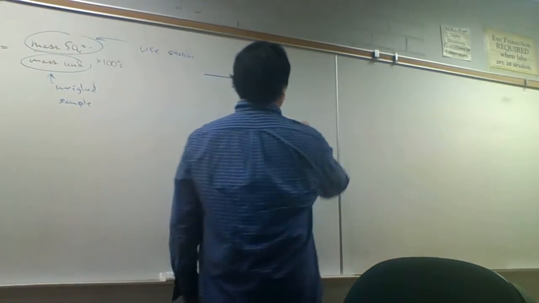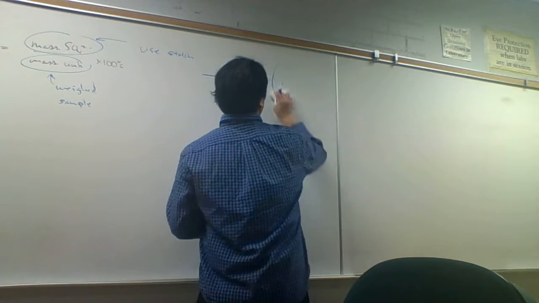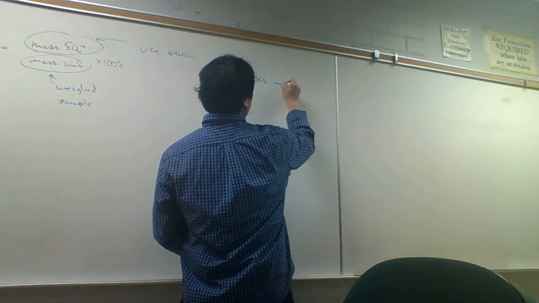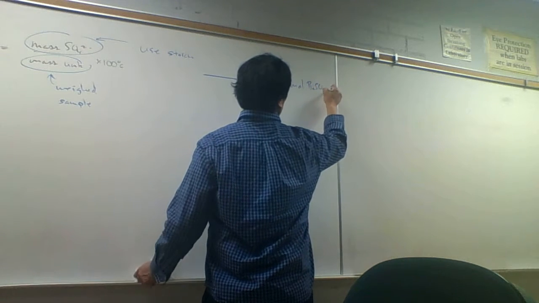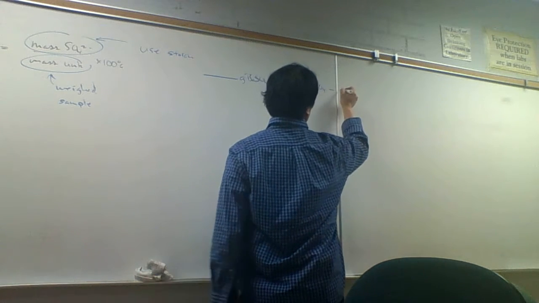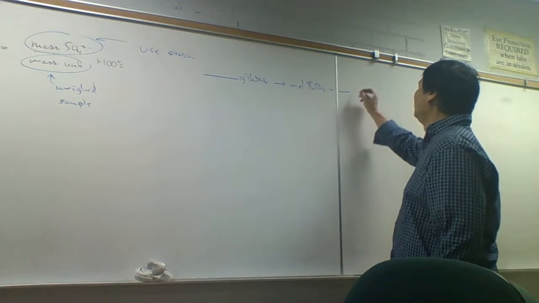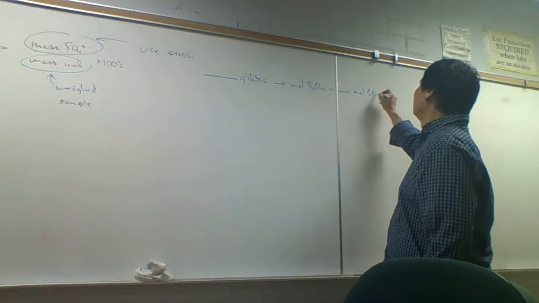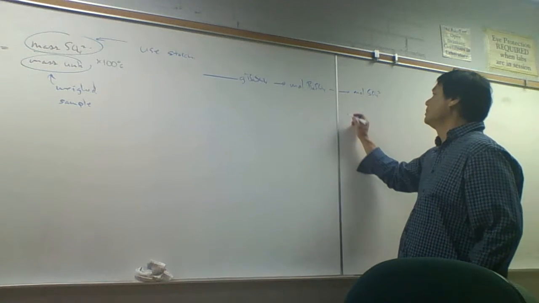And so from the grams of barium sulfate, actually I'm not going to write out the conversion back. We convert this to moles of barium sulfate. And then from moles of barium sulfate, we go to moles of sulfate, because all the sulfate that ends up in barium sulfate came from the original unknown.